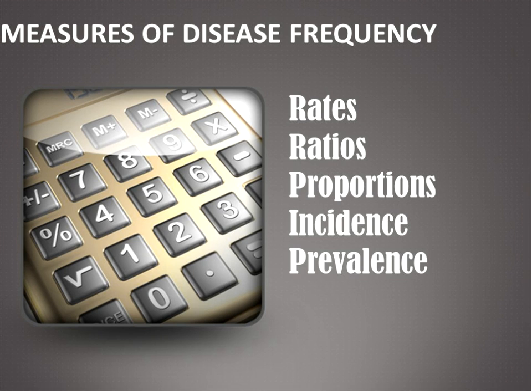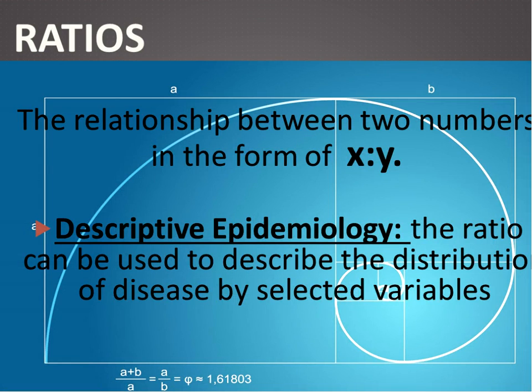So we're going to talk about rates, ratios, proportions, incidence, and prevalence. So before you learn about specific measurements, it's important to understand the relationship between the three types of measurements and how they differ.